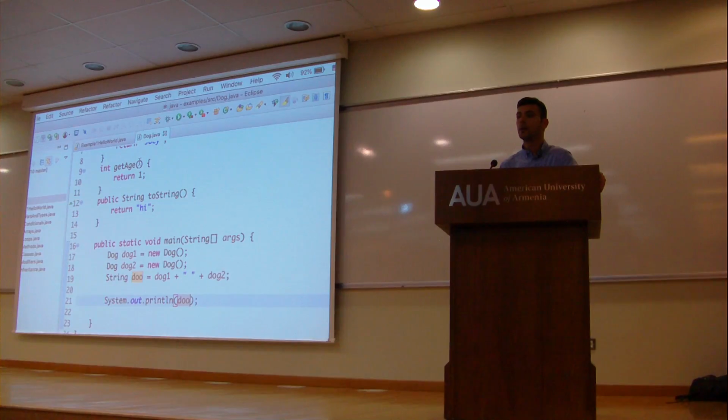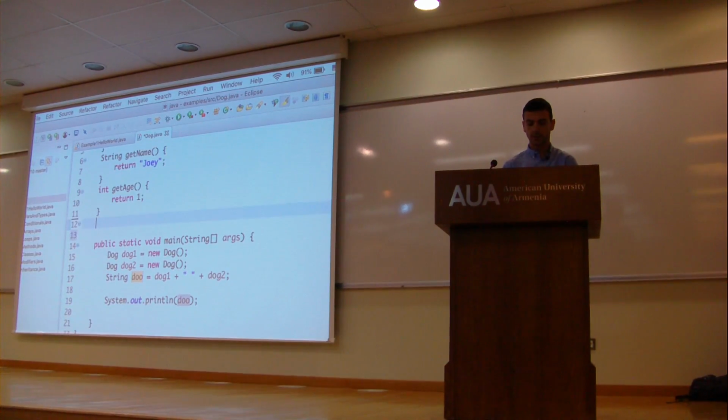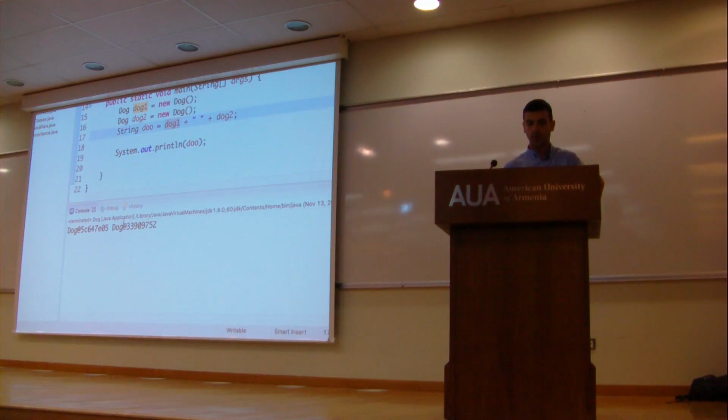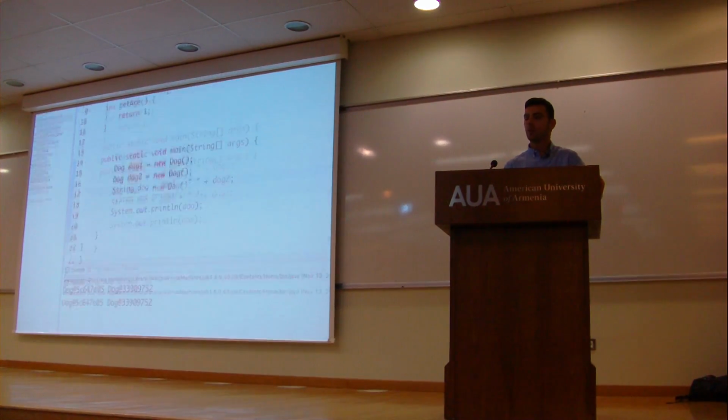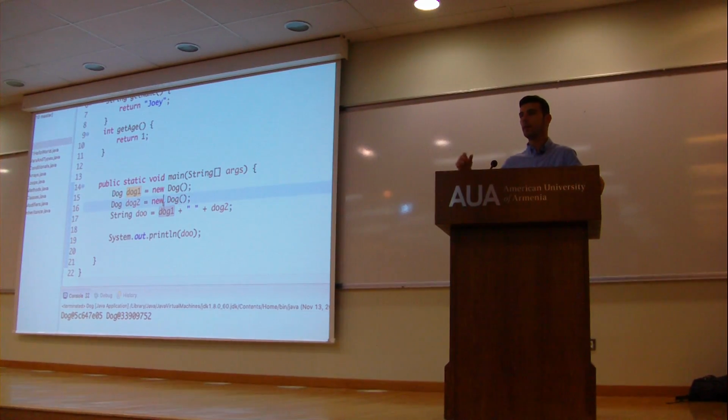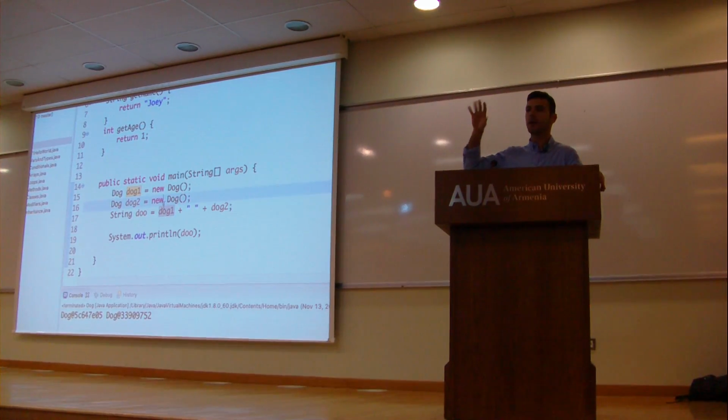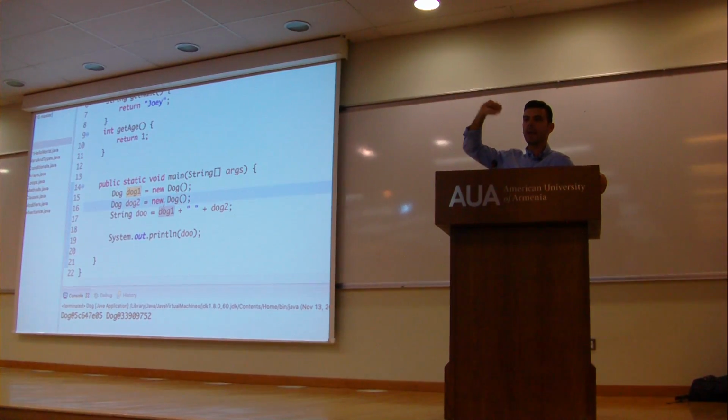There was a question. What if we don't have a toString function in our class, so it will give us undefined? Good question. Let's get rid of this function and see what happens if you just concatenate dog1 with dog2. You get this crap. The point is, every object that you make actually inherits from a root class called object.